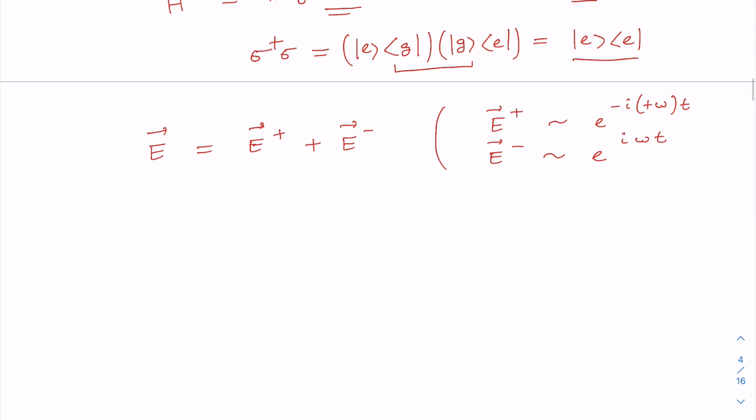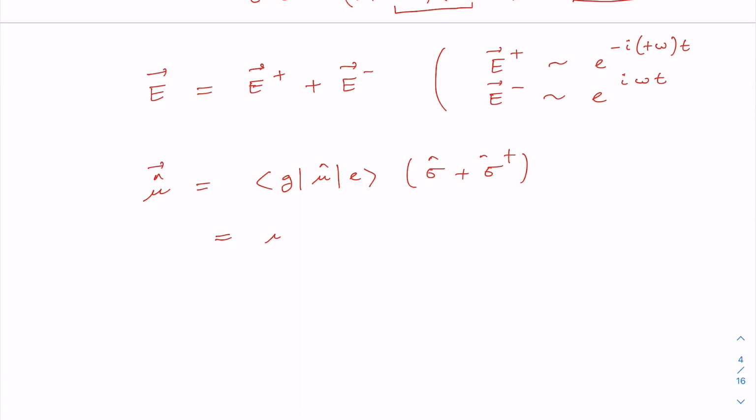Now exactly in the same way, let us see if we can do that for the dipole moment operator. The dipole moment operator is <z|mu|e> times sigma plus sigma dagger.